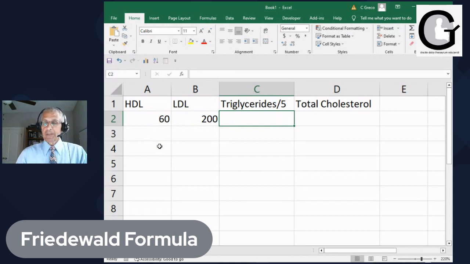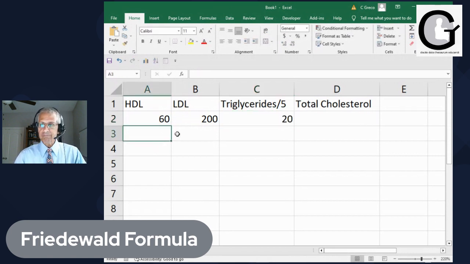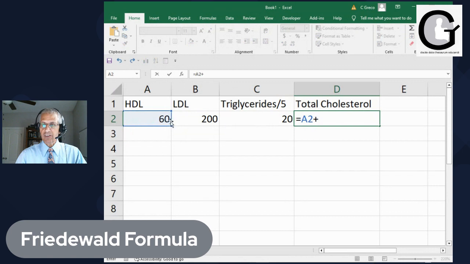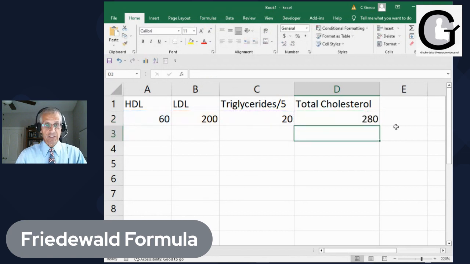Let's say they're 100 divided by 5, so 20. So what's the total cholesterol? That equals the HDL plus the LDL plus the triglycerides over 5. So 280 is going to be your area. That's what that's going to be.